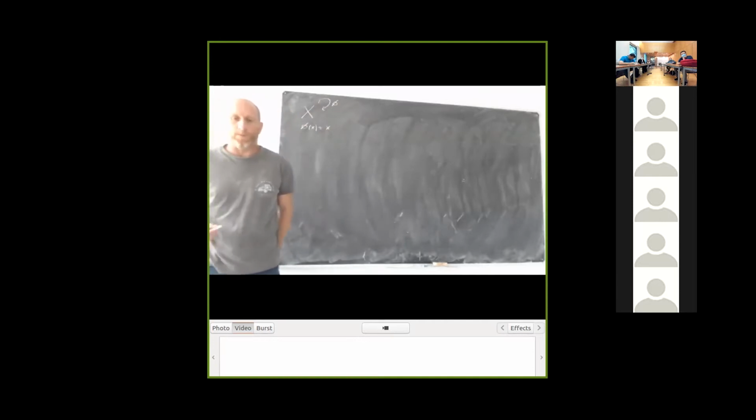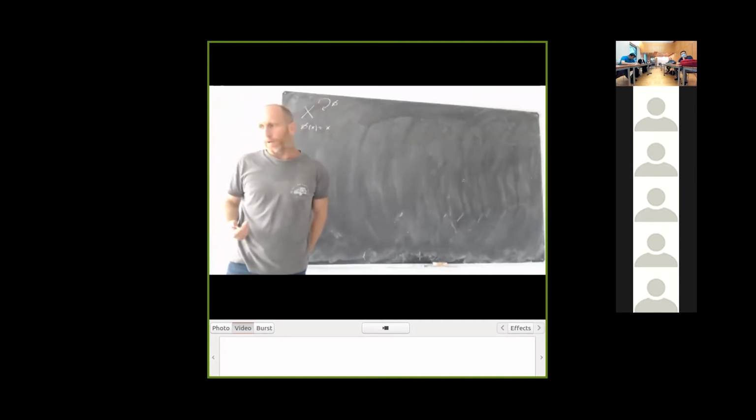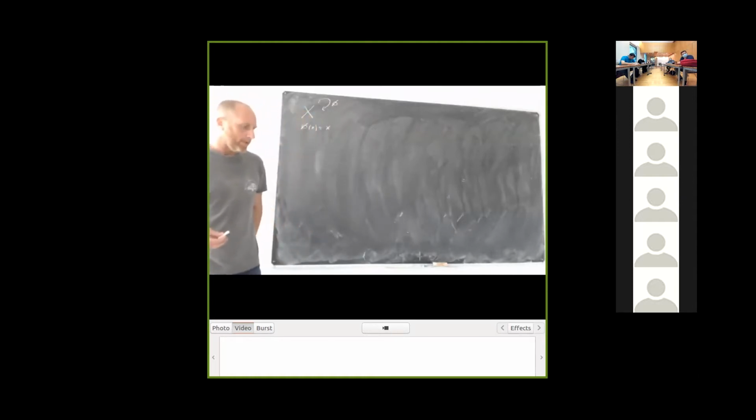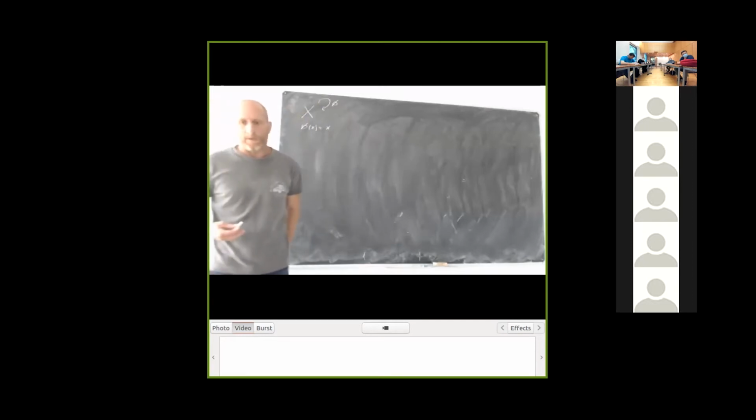One of the important fixed point theorems is the Lipschitz fixed point theorem, which states that, in appropriate conditions, if the Lipschitz number is different from 1, then you have a fixed point.